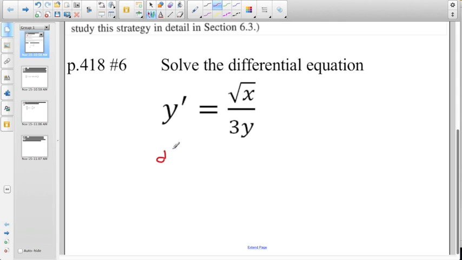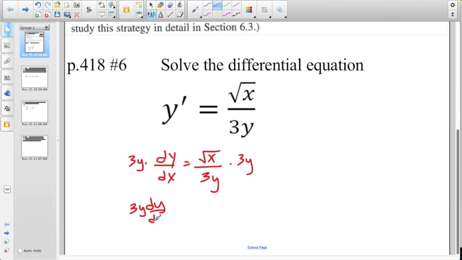So if we just take a look at this, acknowledging that this expression here is really the differential expression dy dx, then we can just go ahead and separate the variables. So these fall into the category of separable differential equations. We're going to multiply each side by 3y, and we're going to have 3y dy over dx equals the square root of x.